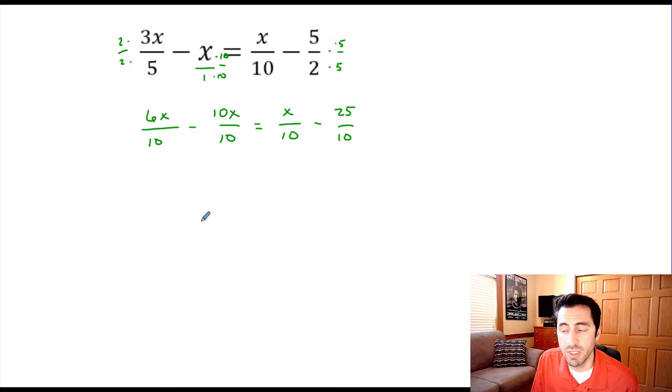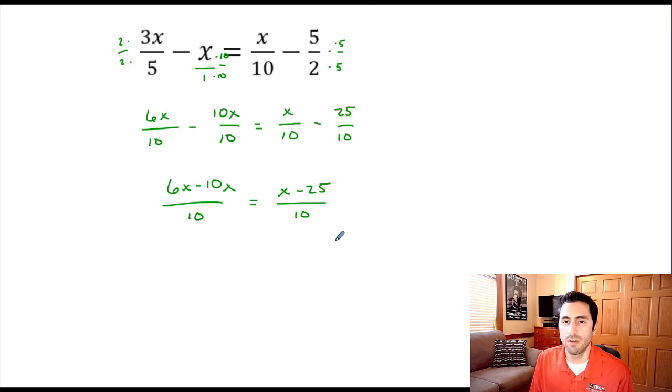So now we have common denominators on all of these. And on the left-hand side and the right-hand side, I can actually bring these fractions together. So this is the same as 6x minus 10x, all over 10. On the right side, this is x minus 25, all over 10. And when I have an equation like this, I have two sides, and they both have a denominator of 10. Well, that denominator of 10 isn't really going to matter.